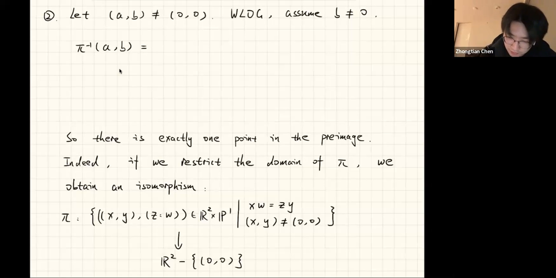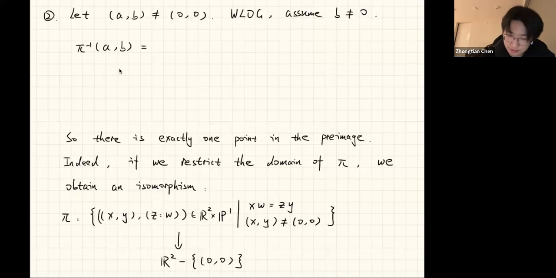So let's have a look at the pre-image of this map, or the fiber of this map. You take a point. If it's not the origin, not in the center, then without loss of generality we can assume B is non-zero. As long as this is not the origin, one of these numbers is non-zero.